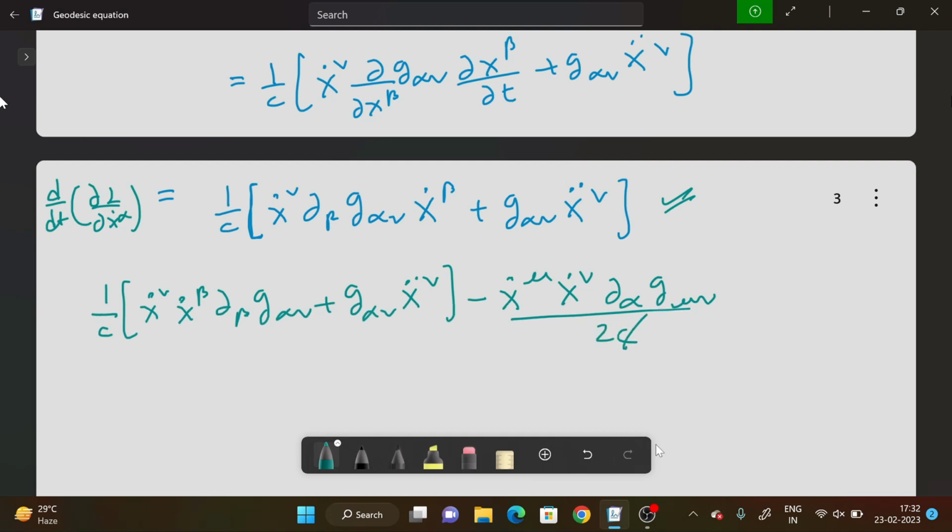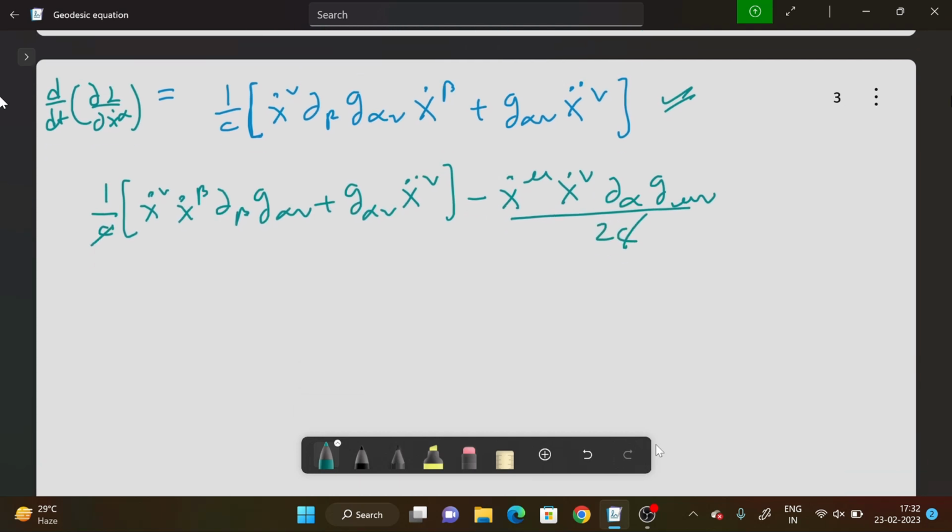The c's get cancelled out, so I can just remove this from here, and we are left with this thing.